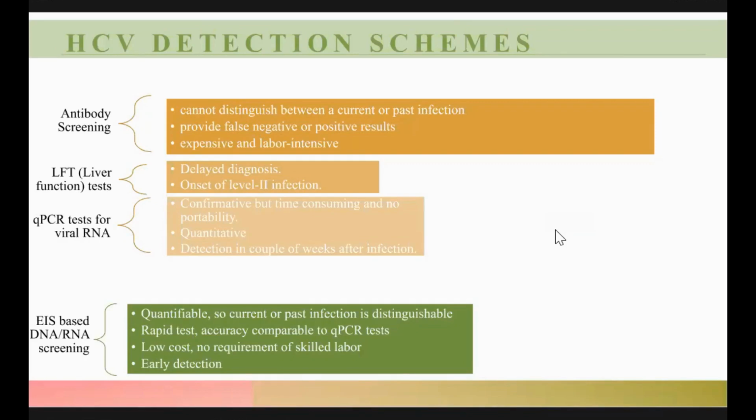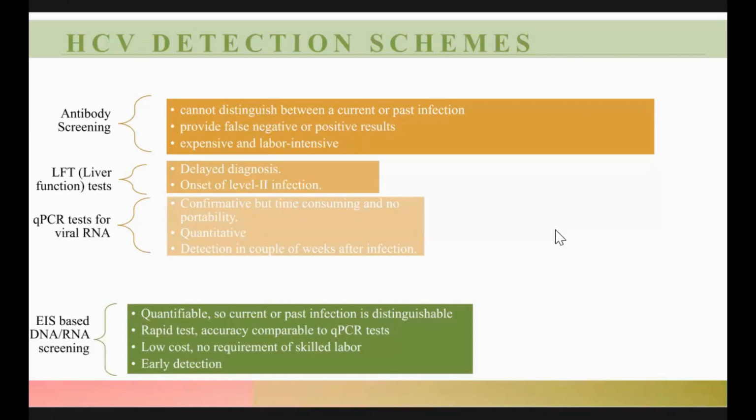Also, a liver function test can be there, but that makes no sense because already the infection has reached the level 2. And then the gold standard for the industry is qPCR tests, quantitative PCR techniques, all of you must be aware of. But although these are confirmative, the issue is they involve expensive in-process requirements and also sometimes take up a couple of weeks to actually give the results.